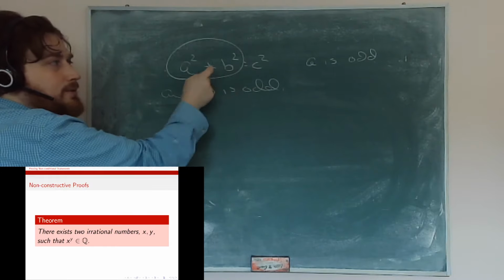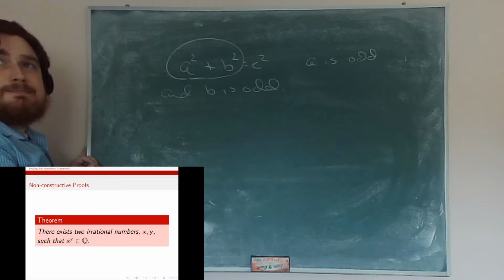So what happens if I take an odd plus an odd? I think an odd plus an odd is even, right?